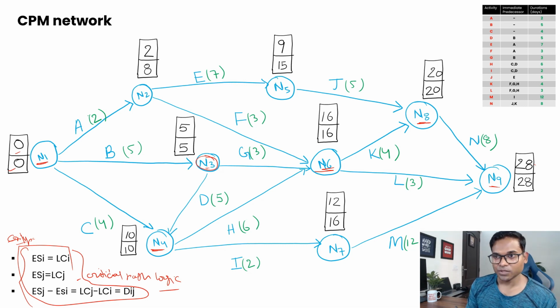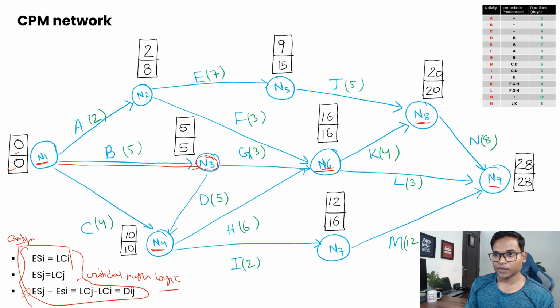Now, which is the critical path, right? If you start from here, n1 to n3, this is your critical path, that's for sure. And if you calculate this logic, which is basically your late completion minus previous late completion, 5 minus 0 is 5, for both, it means this is definitely a critical path network.